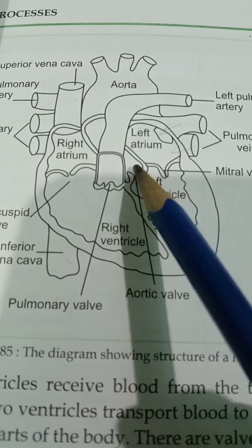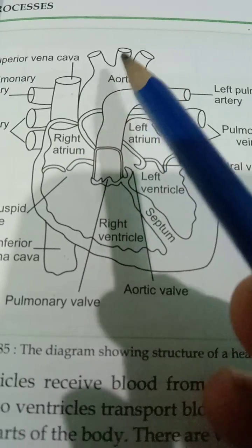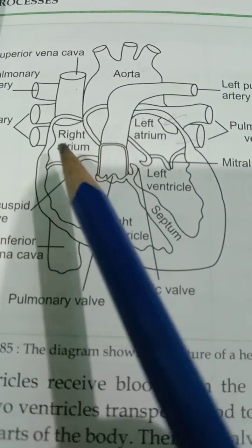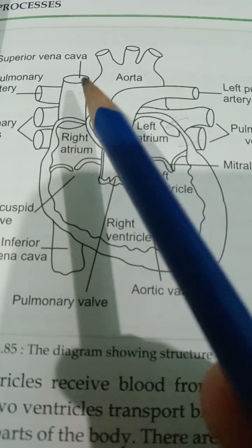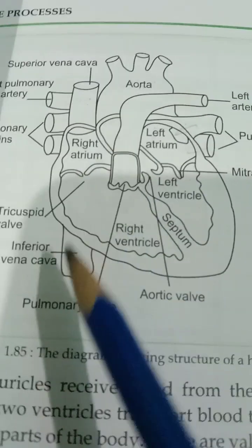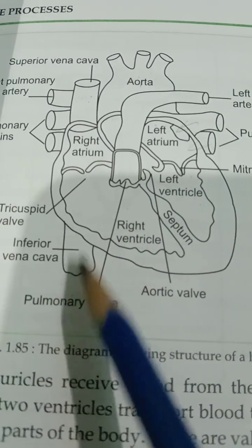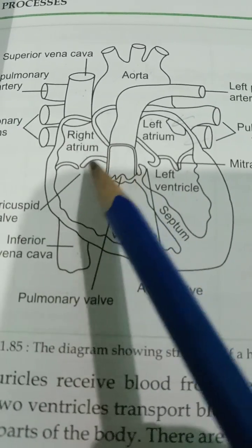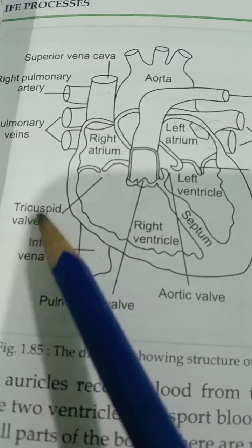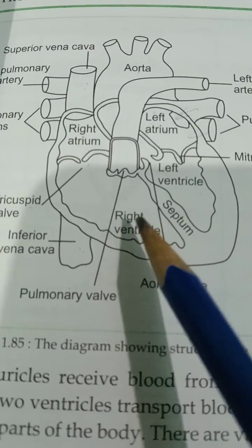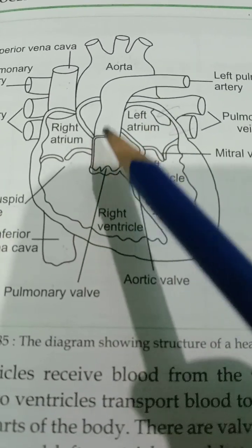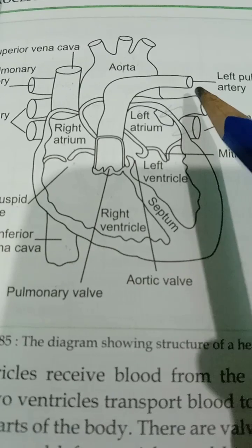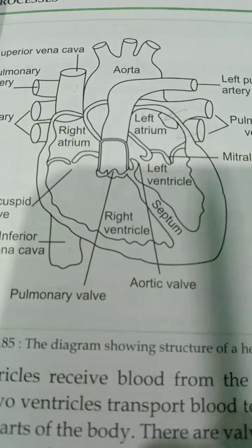From the left ventricle we have the largest artery, that is the aorta. Coming to the right atrium, we have the superior vena cava coming from upside, the inferior vena cava coming from downside, which is separated from the right ventricle by the tricuspid valve. And from the right ventricle the pulmonary artery comes out. Okay, this is the structure of your heart.